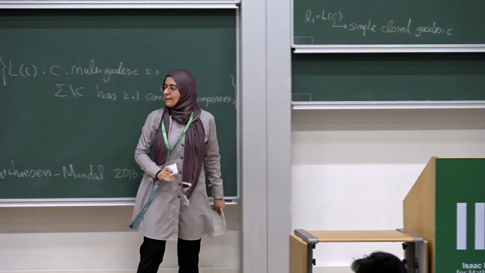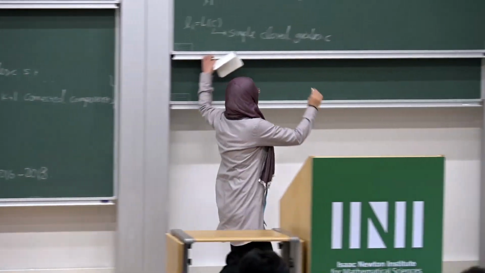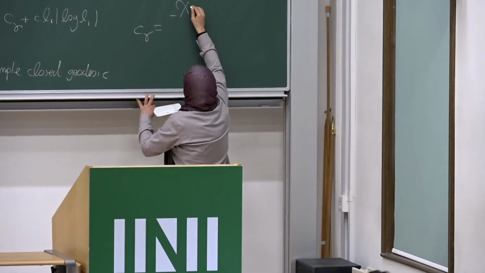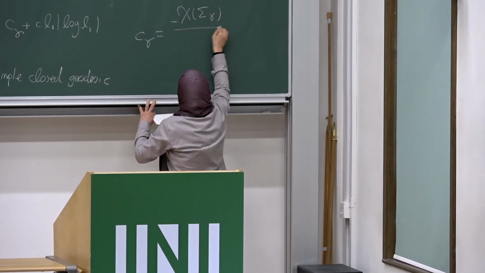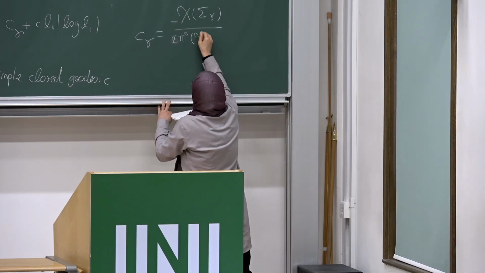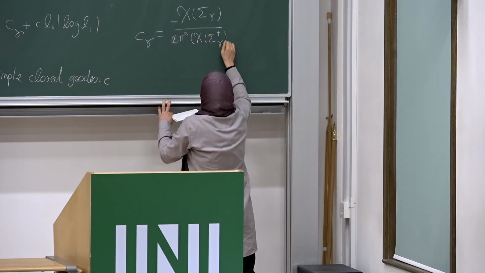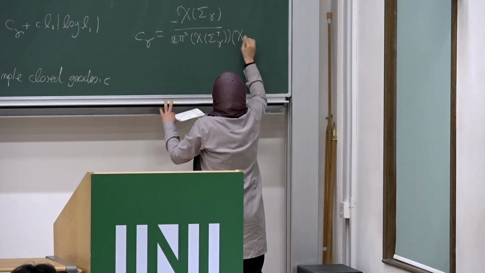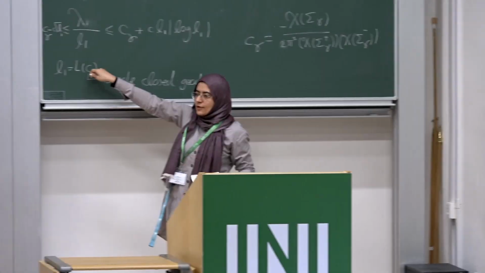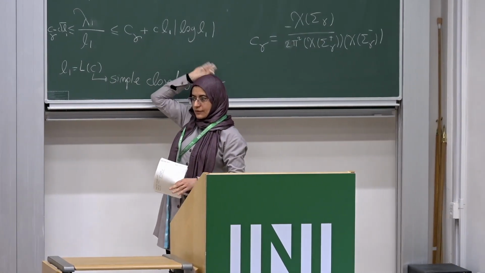Again, what is the C_γ? So C_γ is minus χ of Σ_γ, maybe times 2π² or some constant, and here you have χ of γ plus and χ of γ minus. This cuts the surface into 2 pieces, so the product of these.